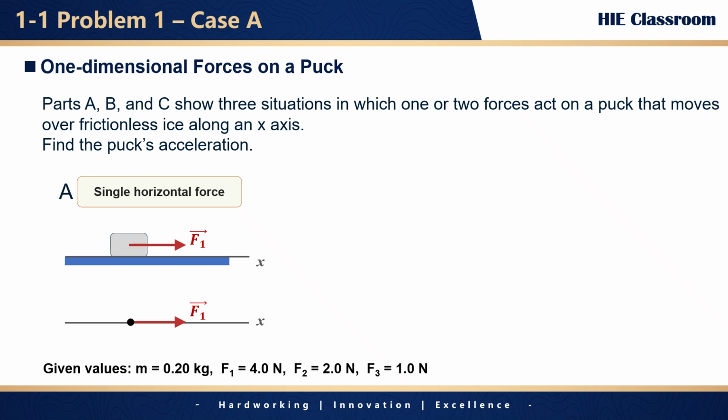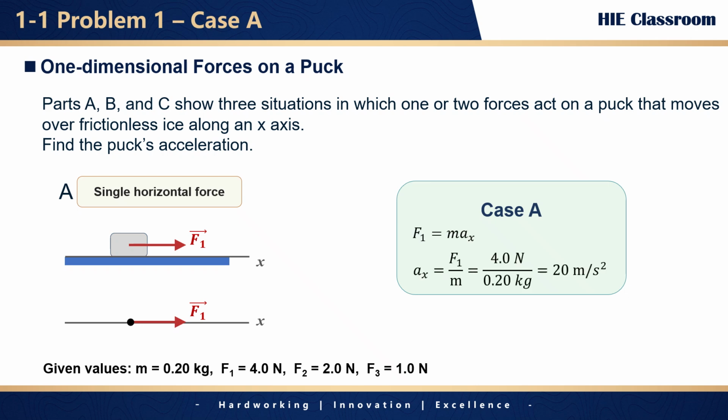Based on Newton's second law, we will have F1 equals ma_x. Then a_x should be equal to F1 over m. Put the data into it, 4 newtons over 0.2 kilograms, and we will have 20 meters per second squared. The positive answer indicates that the acceleration is in the positive direction of the axis.